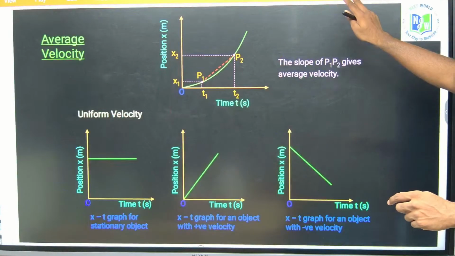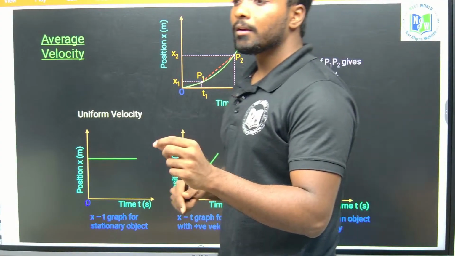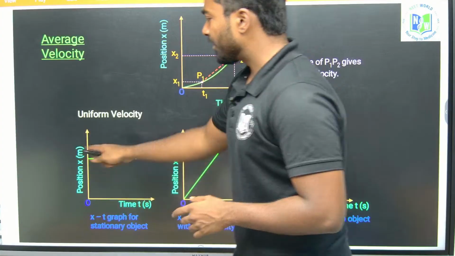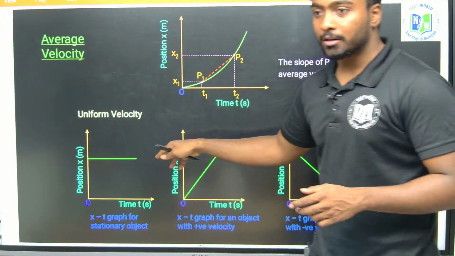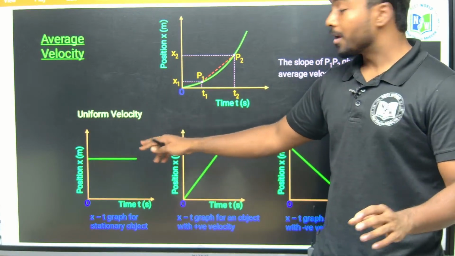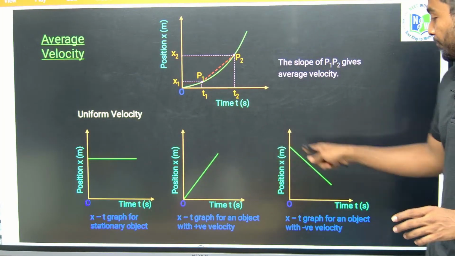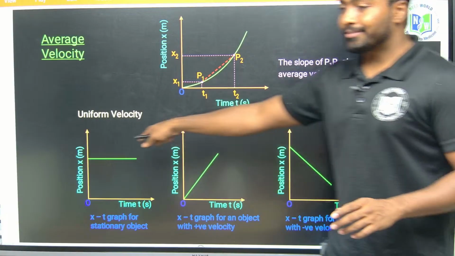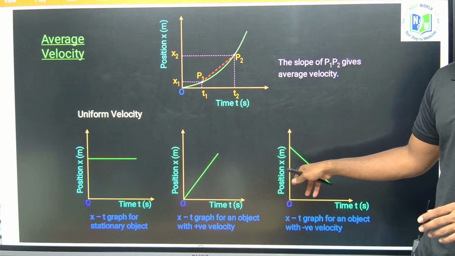Uniform velocity means the slope should be constant, right? Now if I see here, the slope is constant, whether it is rest or motion. Here it is 0, here it is less than 90, here it is greater than 90.